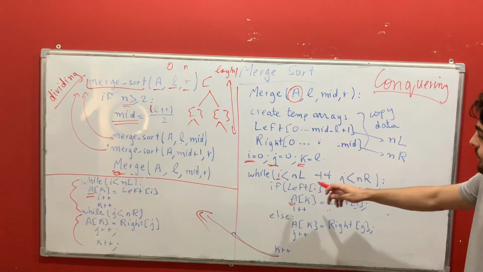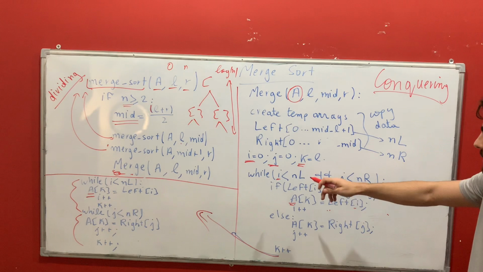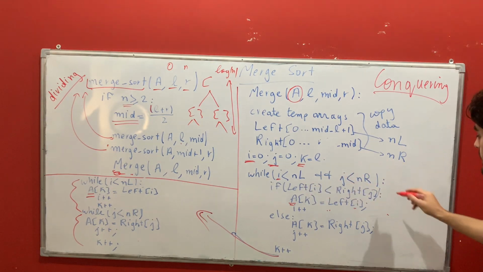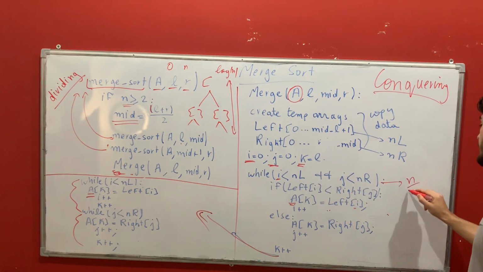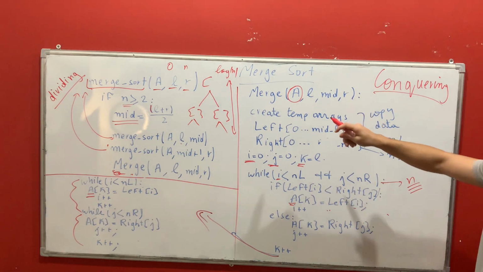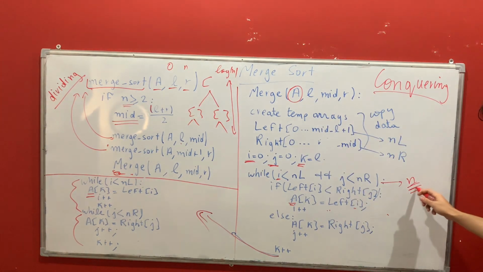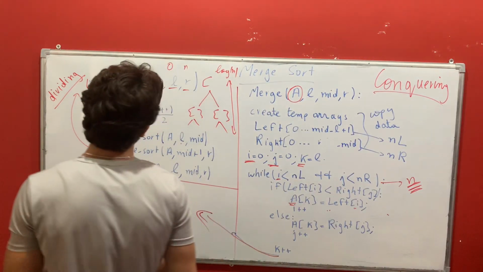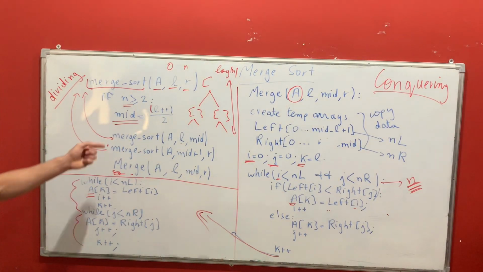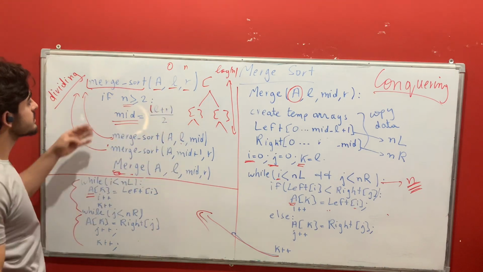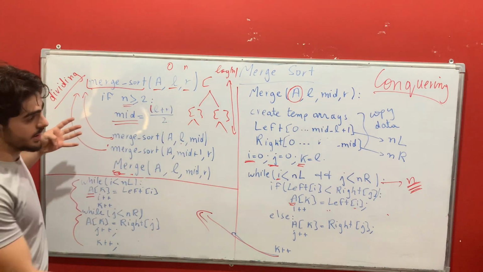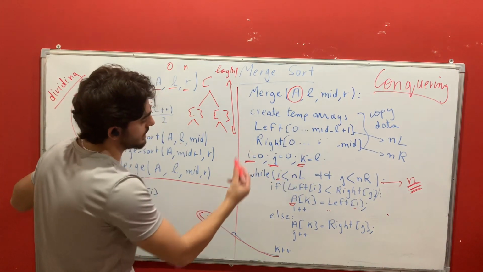Here, the while loops, including the i and the j, iterate n times, which is the length of the array given to the merge. If we combine these two together, we have log n calls for the dividing approach and n for the merging approach.